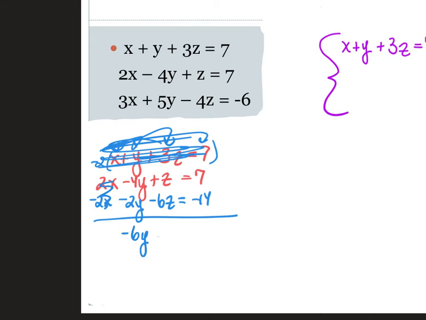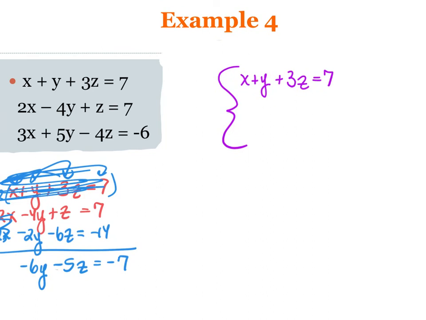Positive 1 minus 6. And then 7 minus 14. Yep, so there's my second equation: negative 6y minus 5z equals negative 7. Now I got to find the last one, and it should just say z equals.